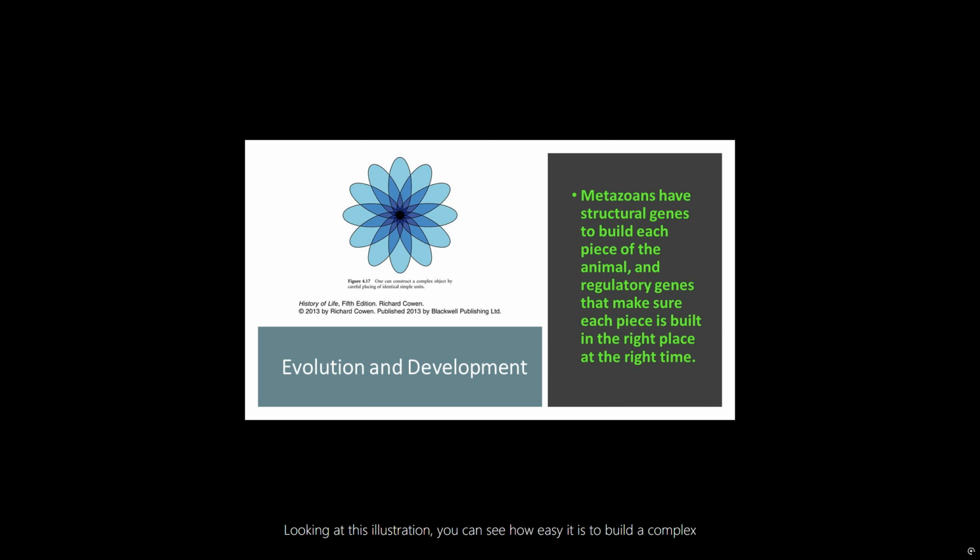Looking at this illustration, you can see how easy it is to build a complex structure by careful placing of identical, simple units. Metazoans have structural genes to build each piece of the animal, and regulatory genes that make sure each piece is built in the right place at the right time.